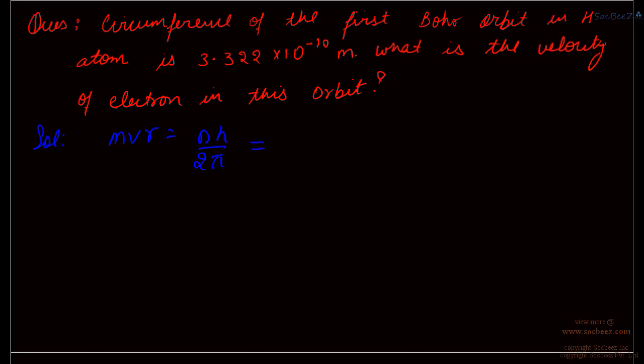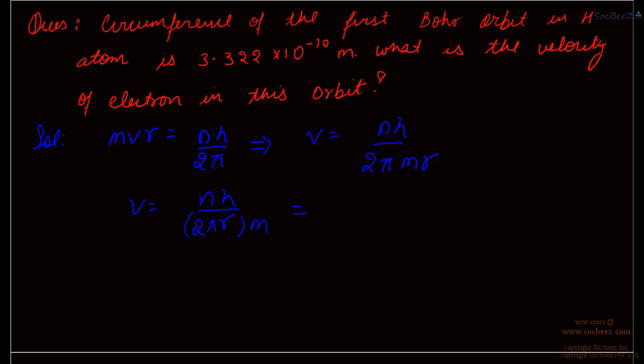If we rearrange it, we get v equals nh upon 2 pi m r. We can also write it as v equals nh upon 2 pi r into m.